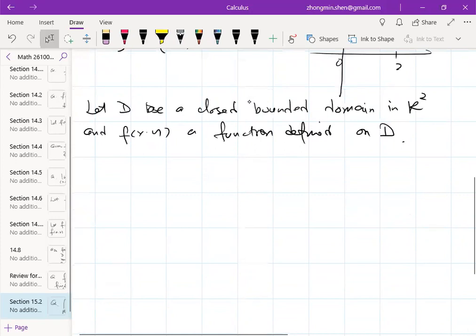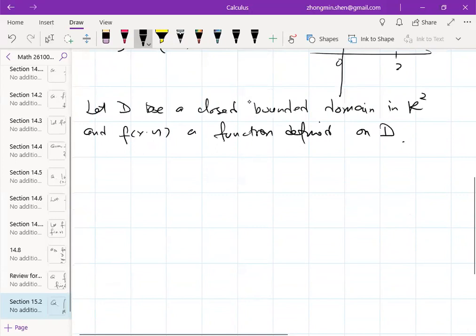We're not going to talk about when the function is integrable, but about how to define it. The definition is similar: still the limit of Riemann sums, but we can use a formula to evaluate it.